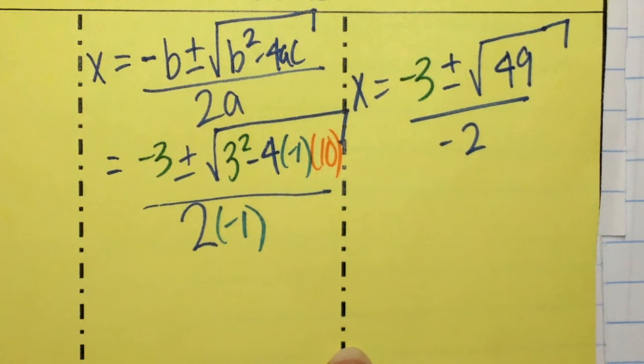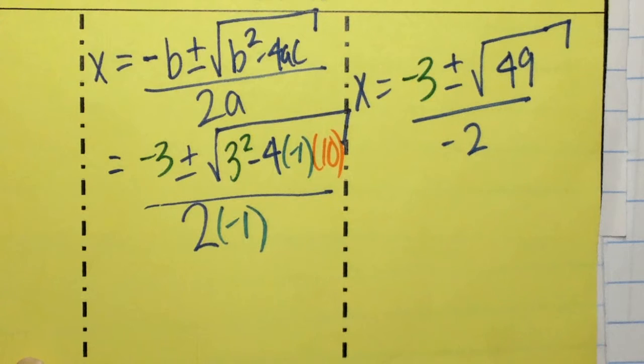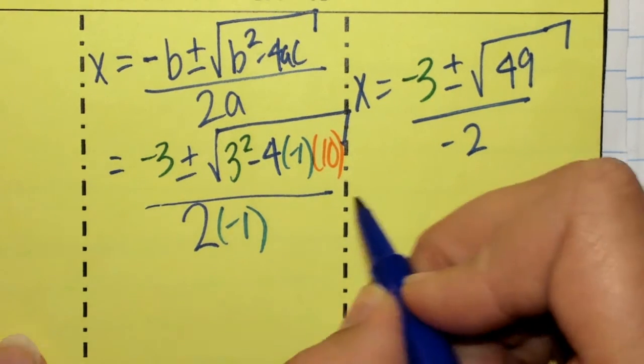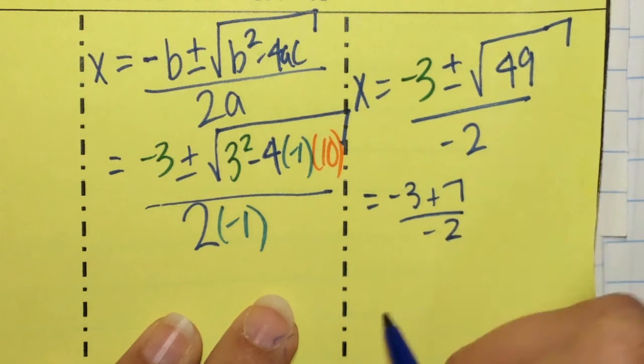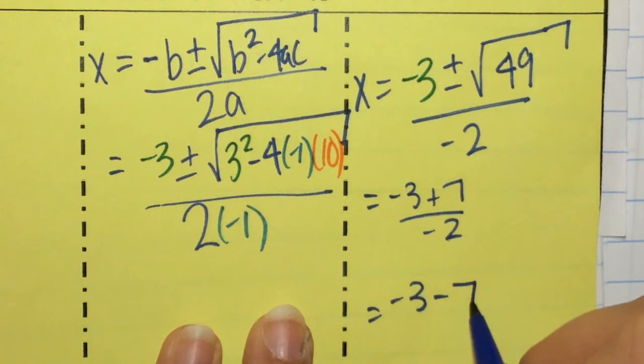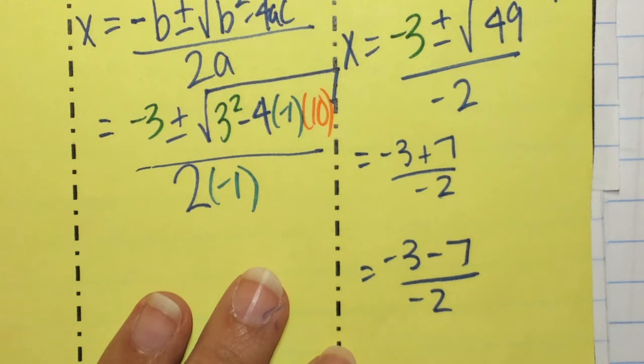You're a wizard, Blairy. Hold up, Nick. How would you get 3? It's your B. Okay, so then you'll have -3 plus 7 divided by -2, and -3 minus 7 divided by -2, because we have to have a plus, and then we have to have a minus.